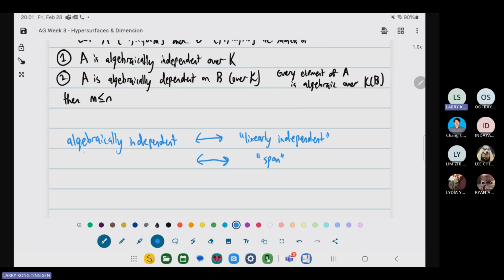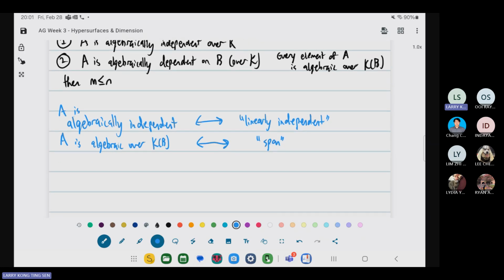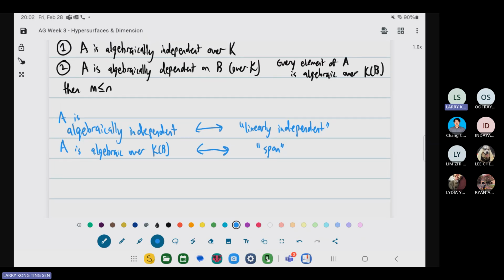Saying A is algebraic over KB basically means that, in some sense, B can span A. To make it more precise, any element of A we can write as a root of a polynomial with coefficients from the subfield KB.